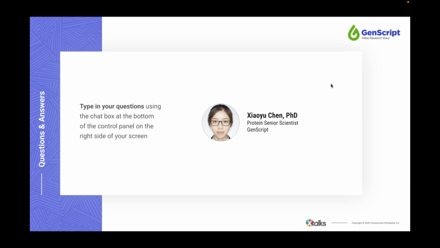And for gram level expression, QHP, as I mentioned in the presentation, is enough for several grams. But if you have a plan for further scale up, like 10 gram, 20 gram, stable is more recommended.